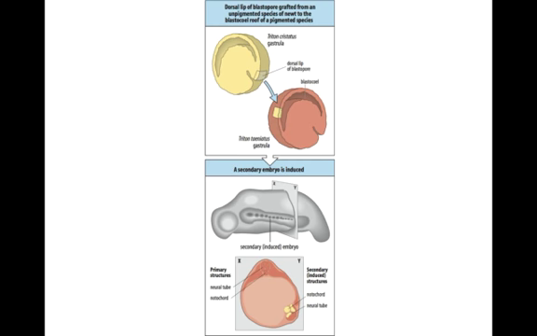You'll see we talk a lot about this dorsal lip of the blastopore. The authors use this term, but it also has synonymous terms. So people call it the Spemann organizer, or sometimes our authors just call it the organizer.